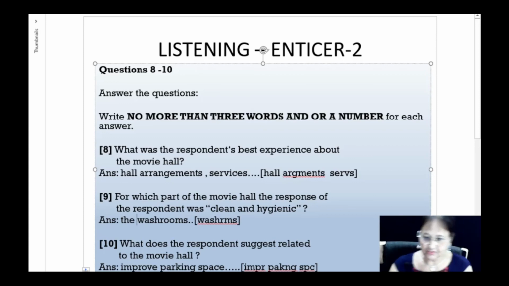I cannot give 3 words, but I'm going as close as 3 words. Whereas the 10th one already has 3 words, so you don't have to think about it. But just remember, the 8th one, you will eventually get 4 words: hall, arrangements, and services. So to eliminate or delete 'and', what do we put? We put a comma.